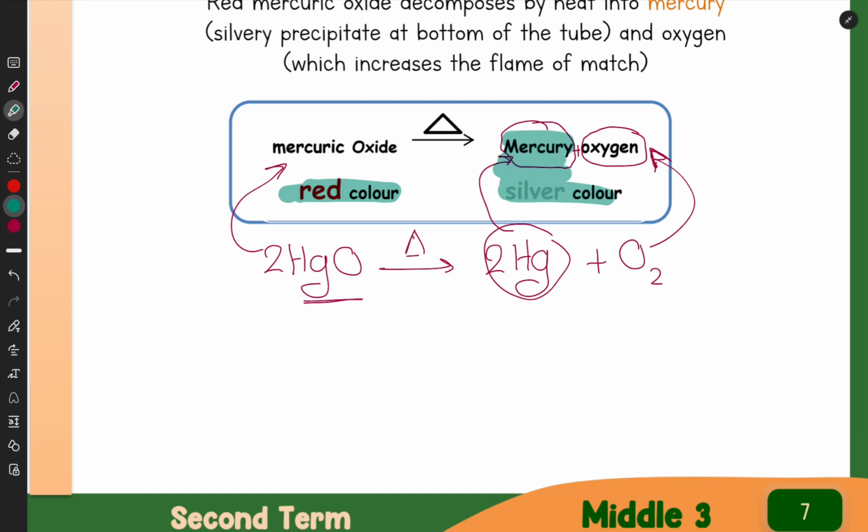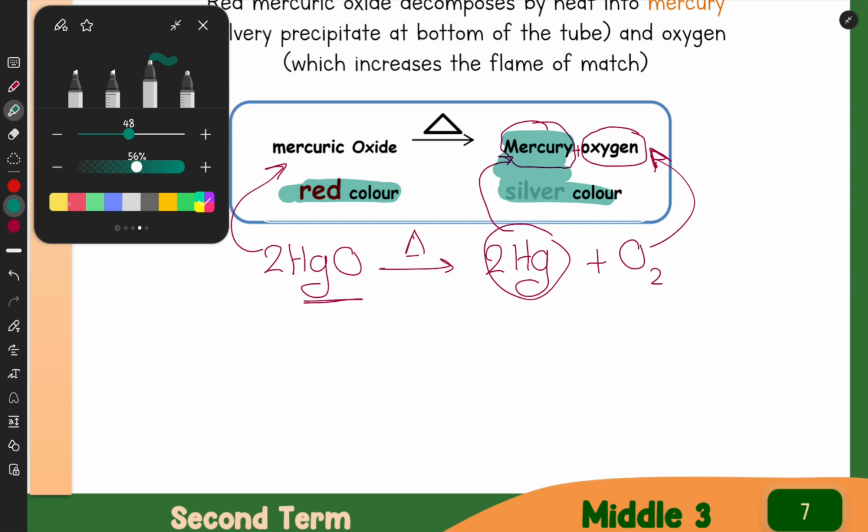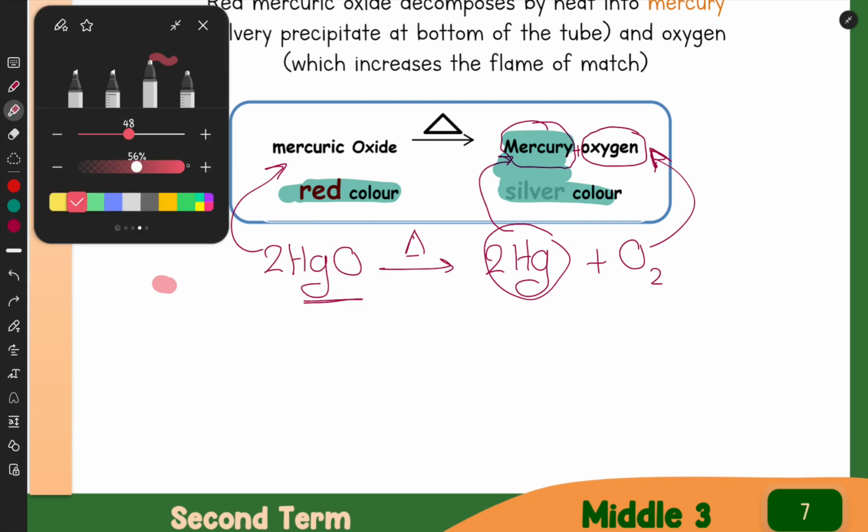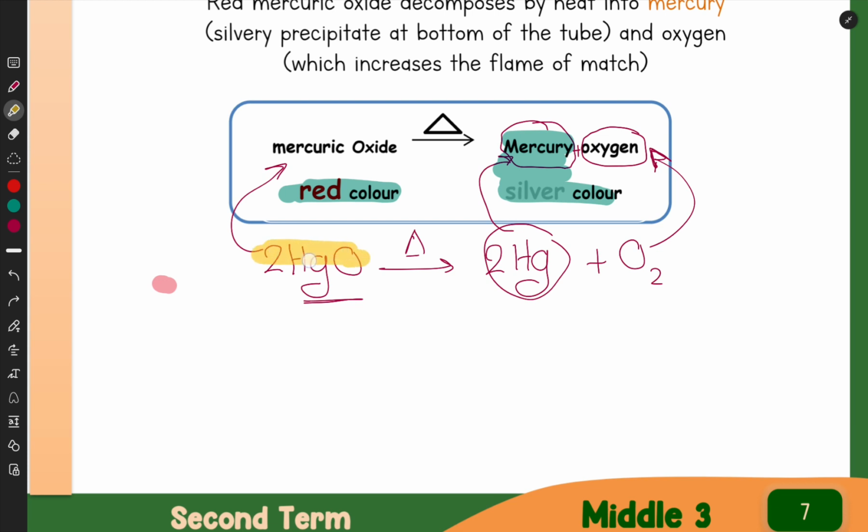If we have mercuric oxide HgO and we add some thermal or heat energy to it, it will break up to produce Hg, which is mercury, and O, which is oxygen.